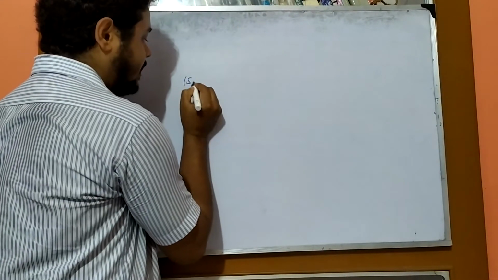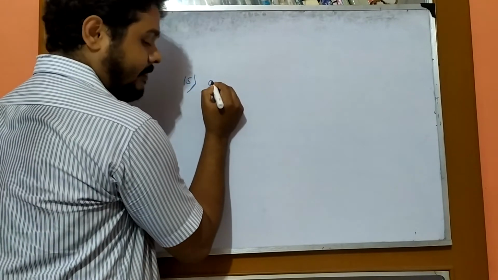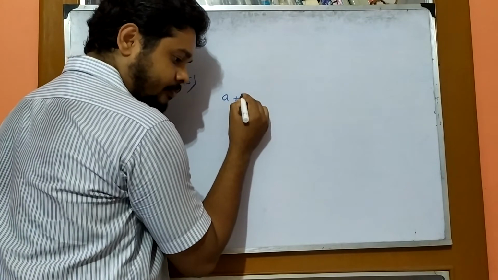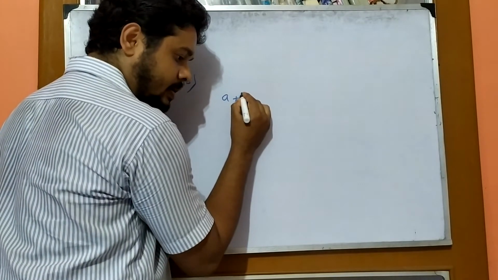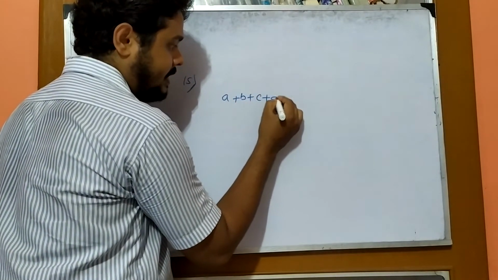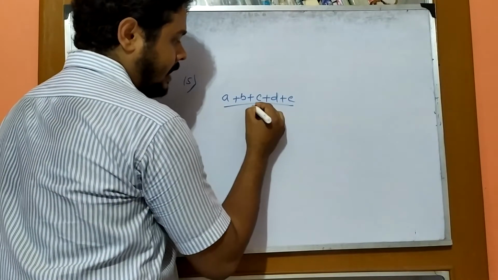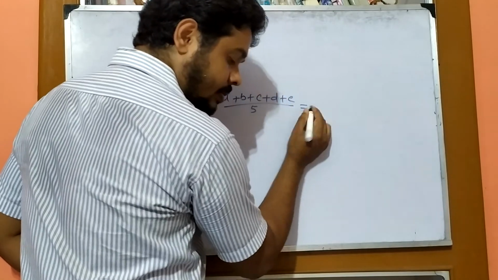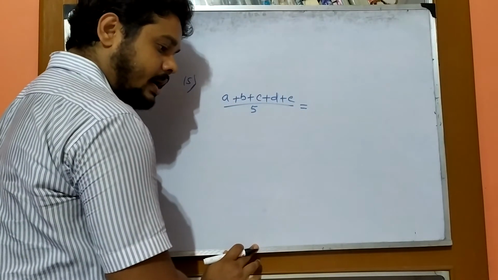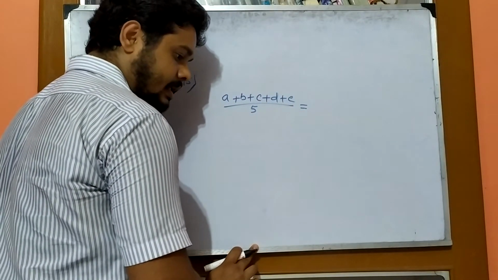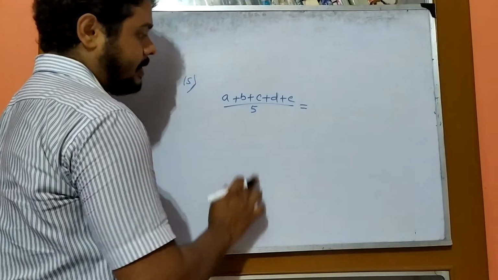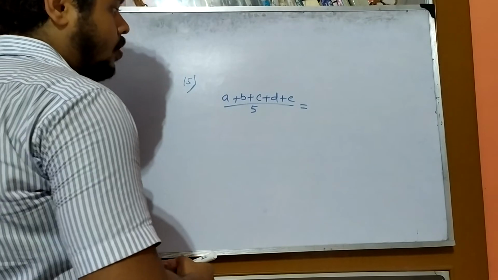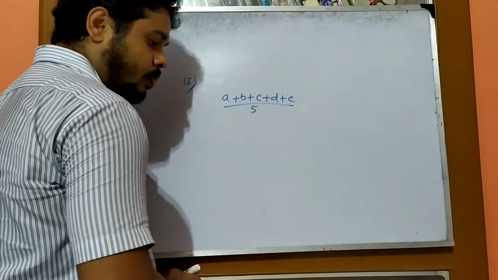Question number 15 is given: the average of the first 5 consecutive odd numbers, that is A, B, C, D, E. All these are odd numbers.